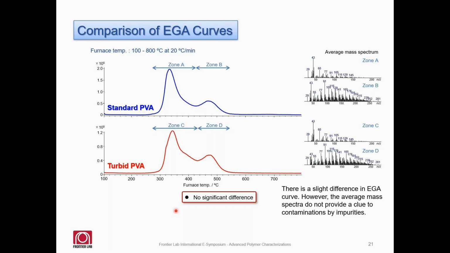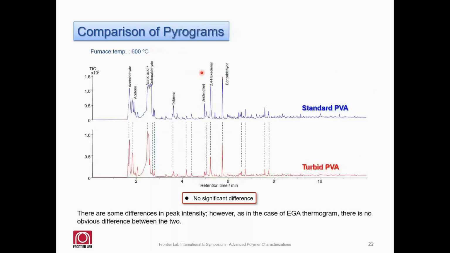That means it points out which direction we need to focus on. As we could see here, maybe these zones are slightly different, and even the peak apex is slightly different.